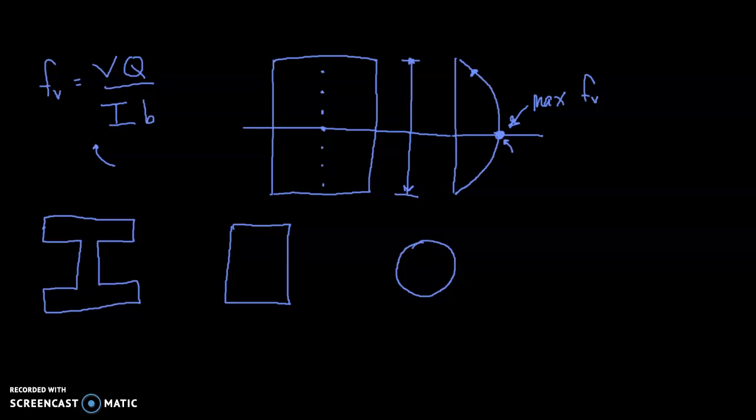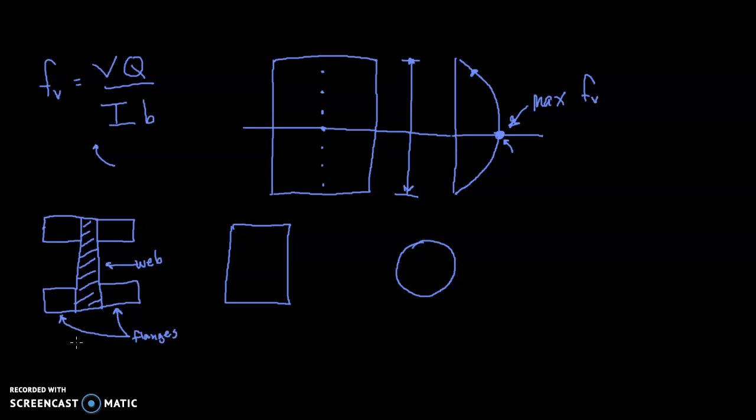So when we are dealing with a wide flange section, the majority of the shear is actually resisted by this tall, slender rectangle going right down the middle. This is called the web of a wide flange beam, and these parts that stick out at the top and the bottom are called the flanges.